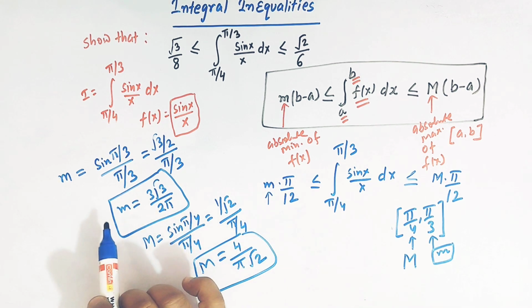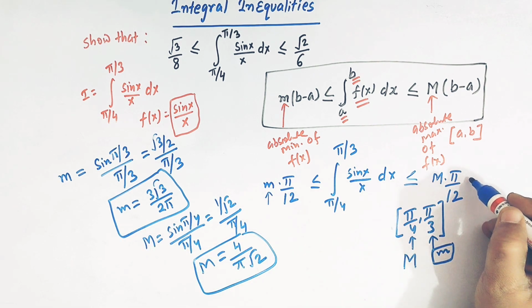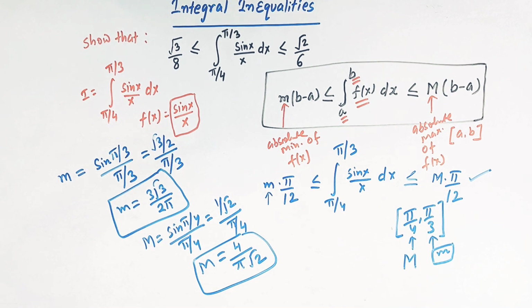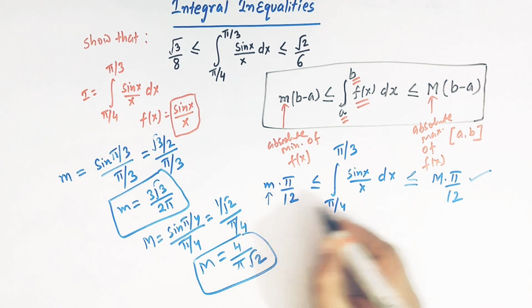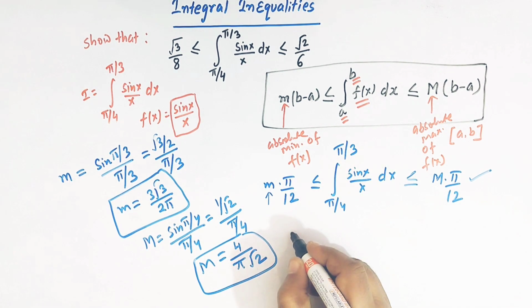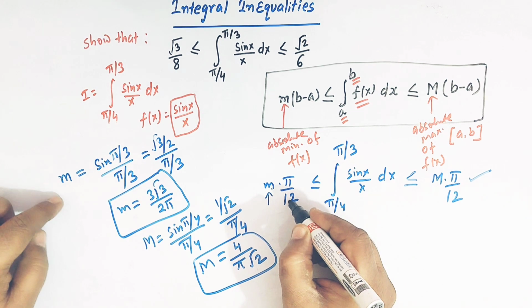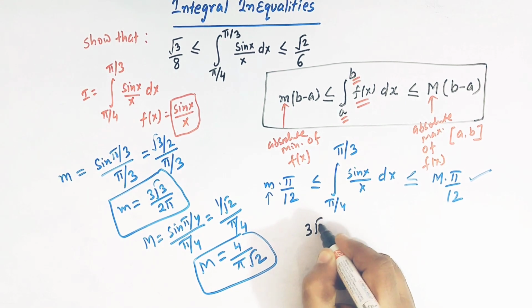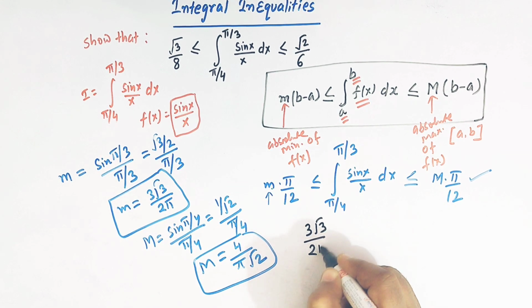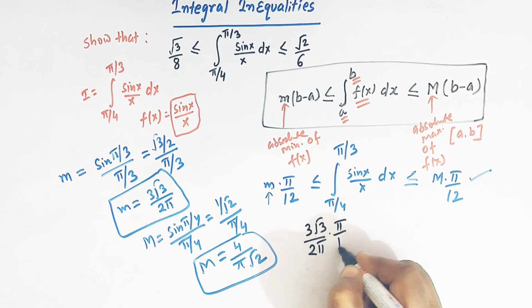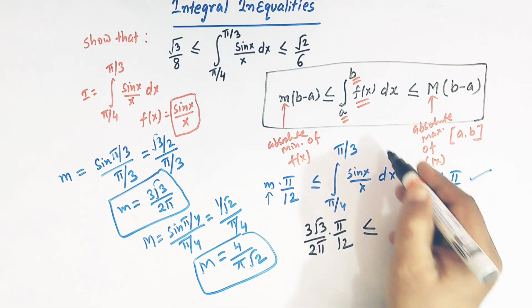Now we'll substitute these values in this inequality. So we can write this inequality as m times pi by 12. M is 3 root 3 over 2 pi times pi over 12, less than or equal to this integral.